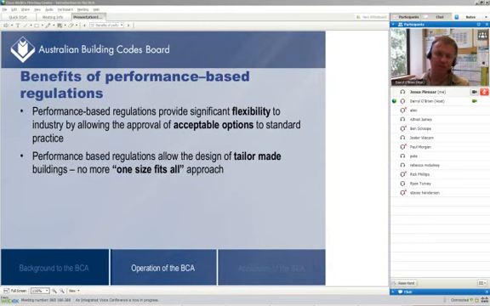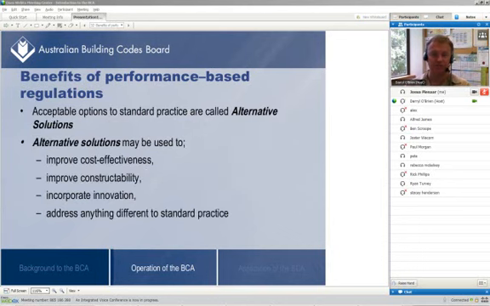So performance-based legislation essentially encourages efficiency, it encourages innovation, and it tries to encourage cost-effectiveness. So that's why we have performance-based, as compared to descriptive-based legislation, which just lays out a recipe that you must do. You don't have any other choice. So this significantly frees up creative energies to look at alternative solutions.